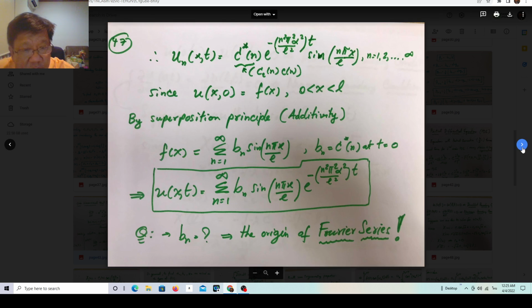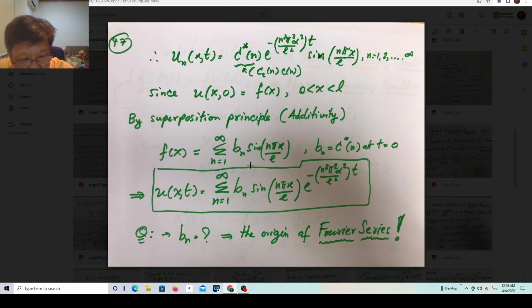So that's the result here, but the key question of the solution in this form is: what is b sub n? This is the origin of another question, asking how b sub n is going to look.